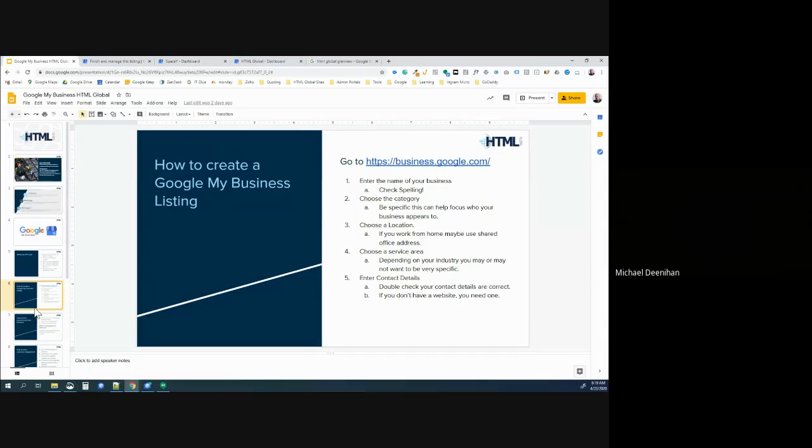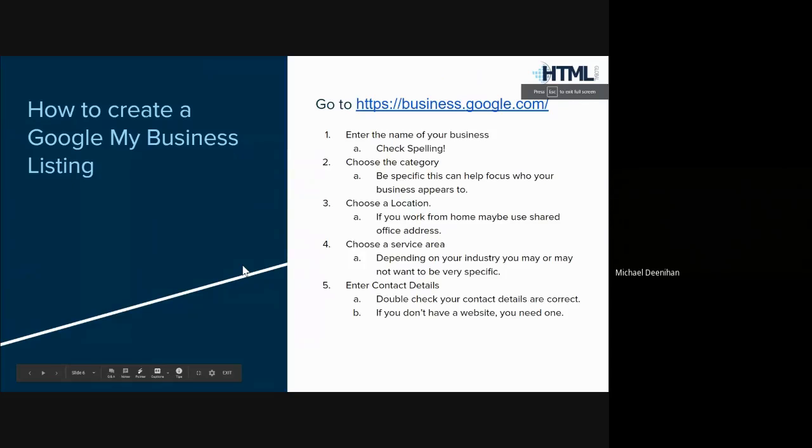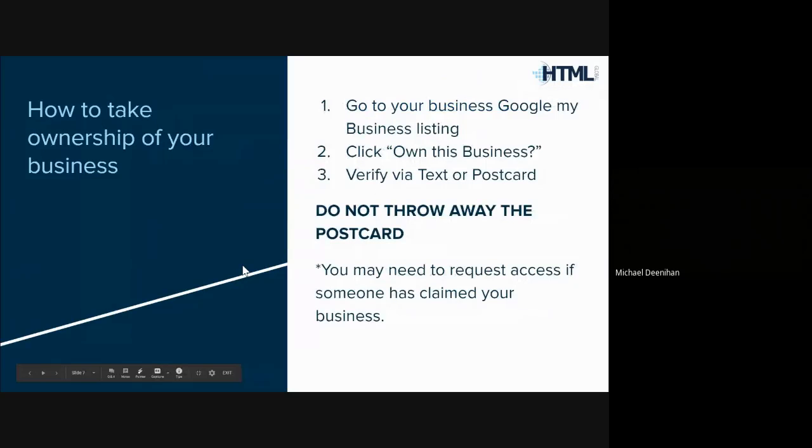So we'll go down here. All right, so this is the other side of it. If there is a listing for your business, and this can get a little weird because there's oftentimes a listing, but you may not have ownership of it.